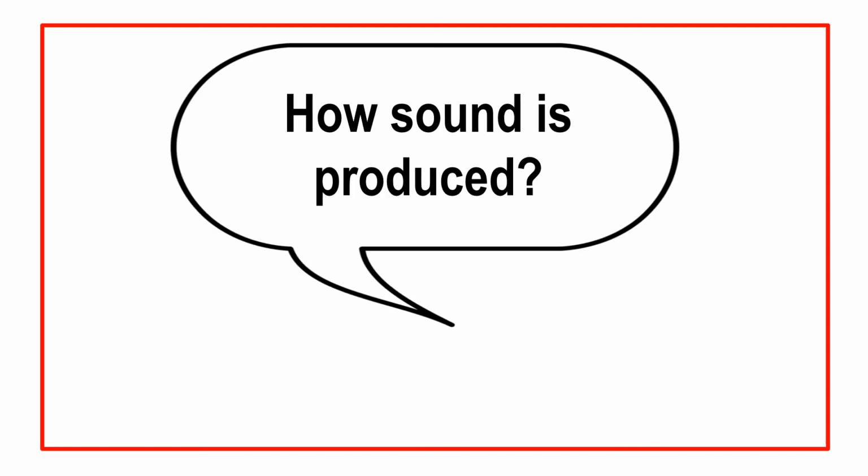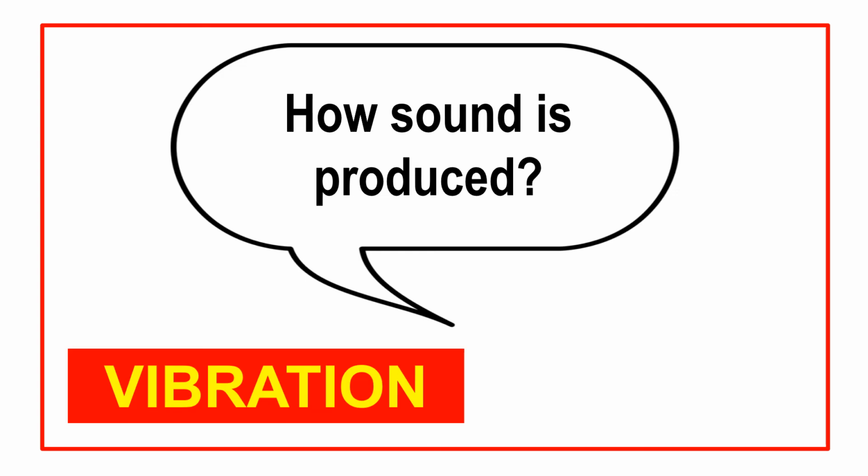Okay, based from our explanation a while ago, you are able to answer now how sound is produced. Okay, give it a try. What do you think is the answer in this question? Did your answer include the word vibration or vibrate?